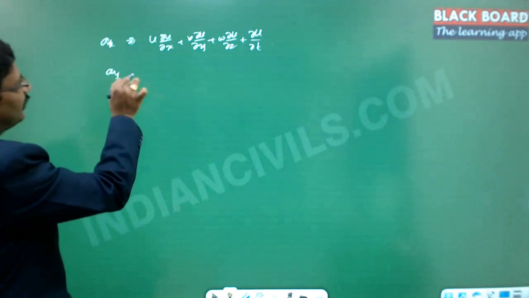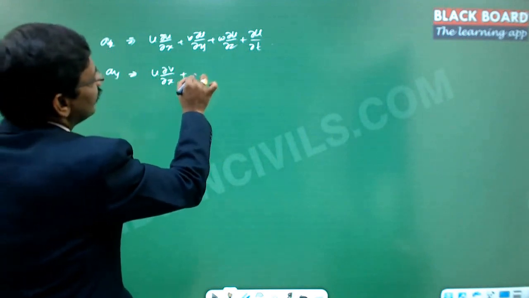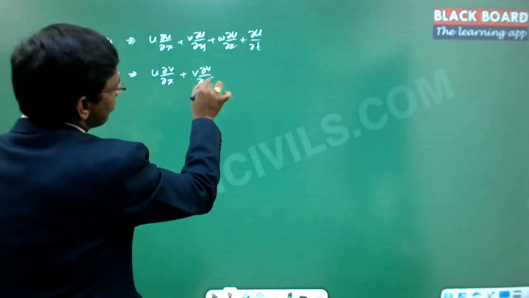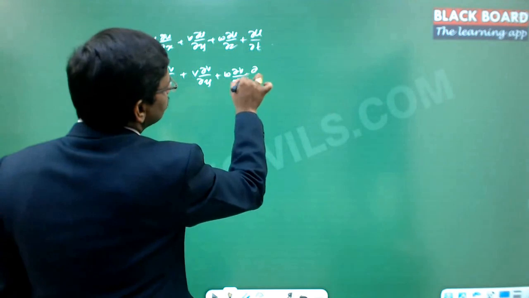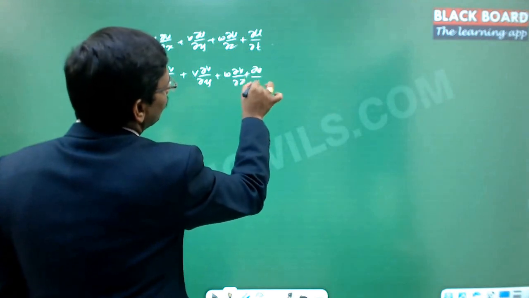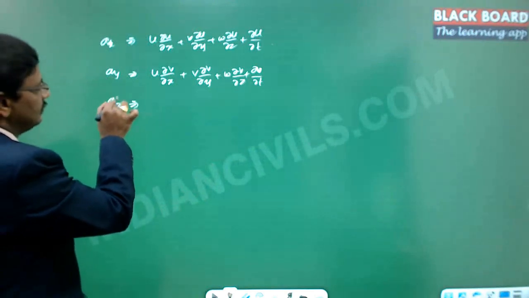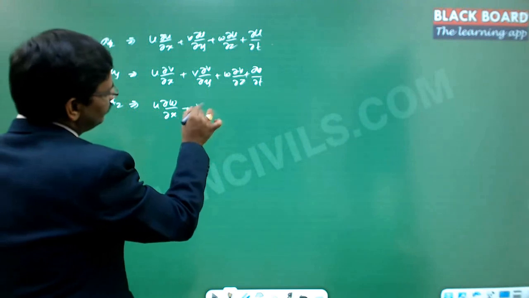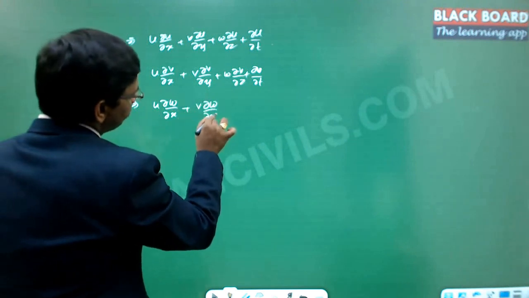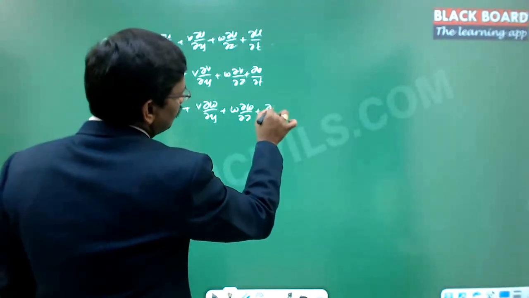Similarly, the y component is u dou v by dou x plus v dou v by dou y plus w dou v by dou z plus dou v by dou t. Similarly, the z component az is u dou w by dou x plus v dou w by dou y plus w dou w by dou z plus dou w by dou t.